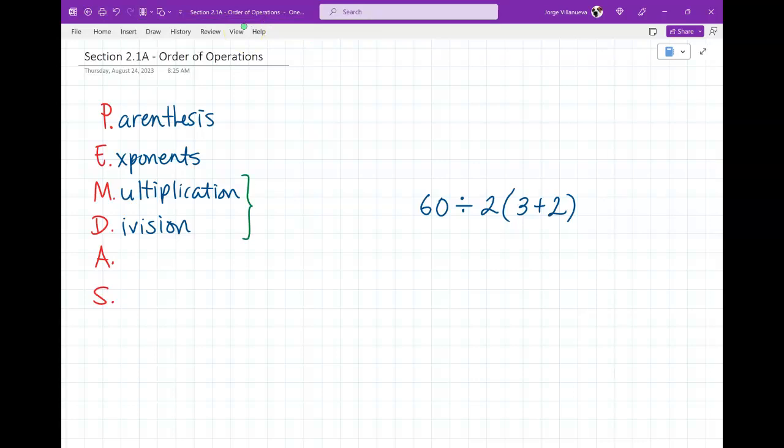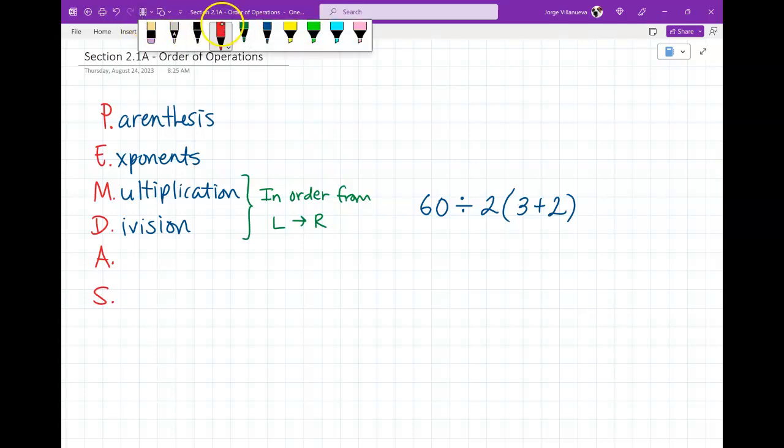Okay, it depends on which one comes first from left to right. So I'm going to put in order from left to right. So if division comes first, you do division first. If multiplication comes first, you do multiplication first. You don't only do multiplication first. It's multiplication or division. Okay, same happens to addition or subtraction.